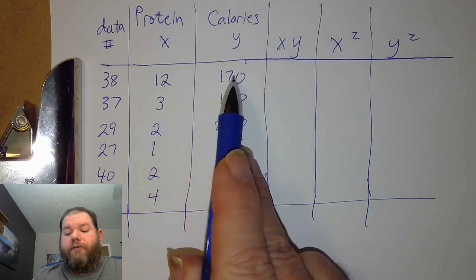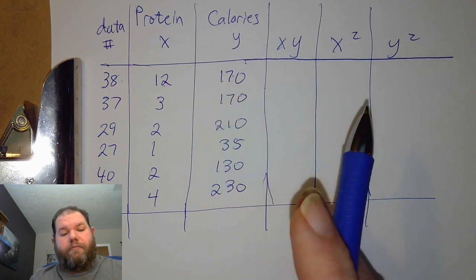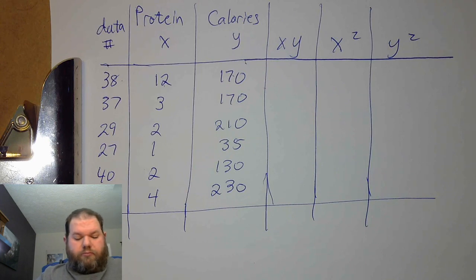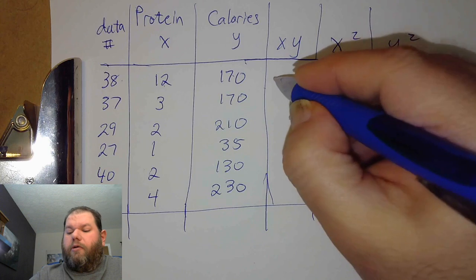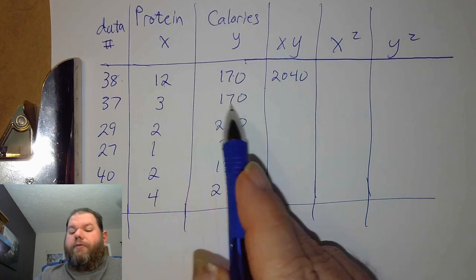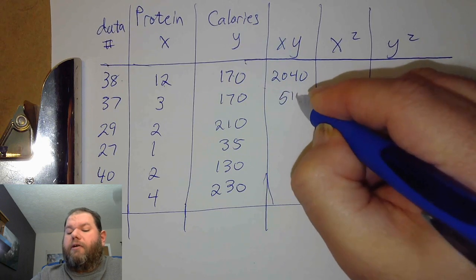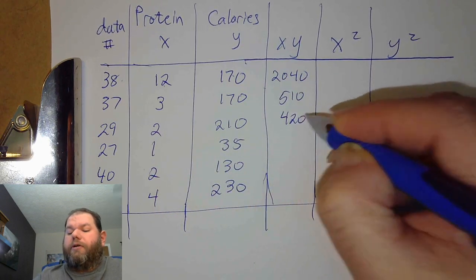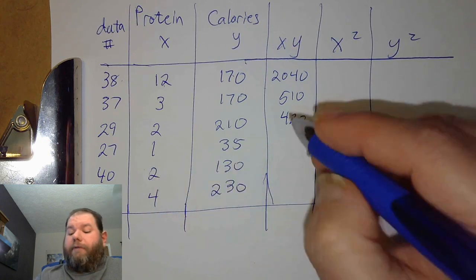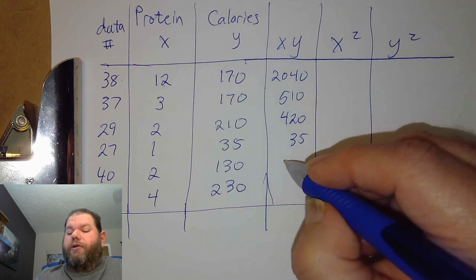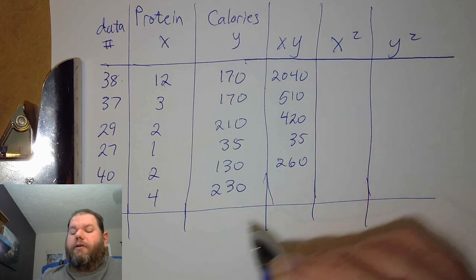X 12 times y 170 is 2040. 3 times 170, that's 510. 2 times 210 is 420. 1 times 35 is 35. 2 times 130 is 260.